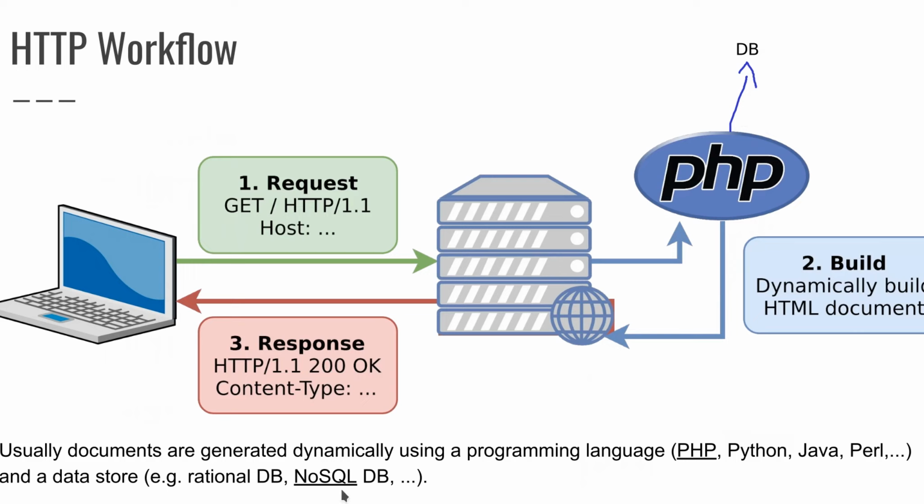The database could be anything from a relational database to NoSQL or whatever storage you can imagine, Redis, key-value stores. So when we talk about web applications, this is usually the workflow: browser to web server to backend, communicating with the database and returning the answer. And that was it. This was the presentation about HTTP.